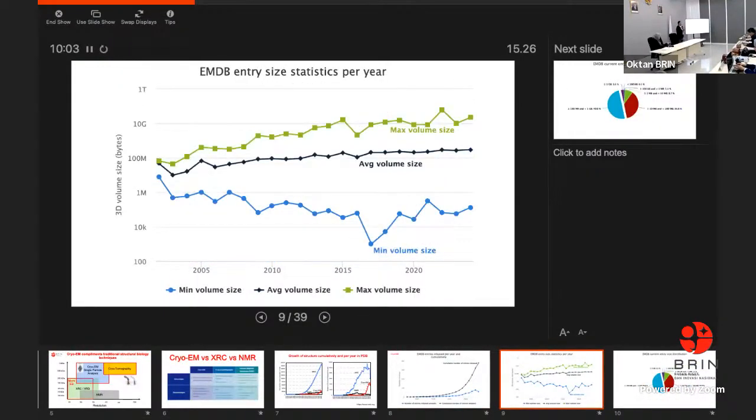And the data size, I mean the volume size, varies from a minimum of around 1 megabyte until around 16 gigabytes for the volume of the molecule.